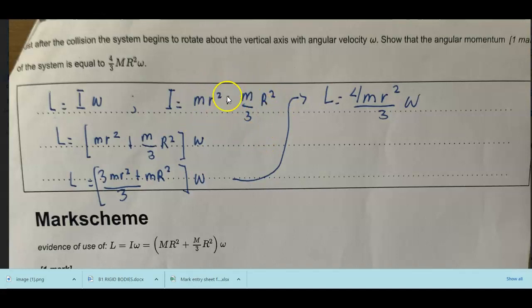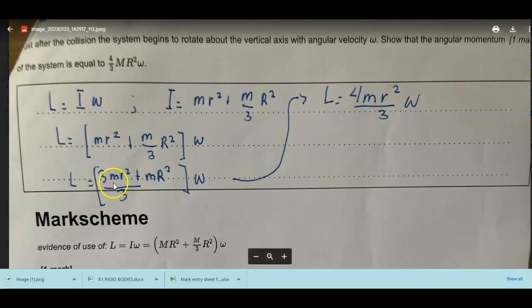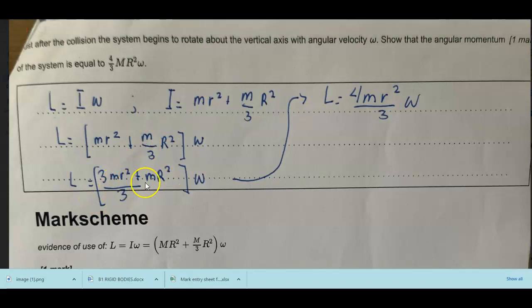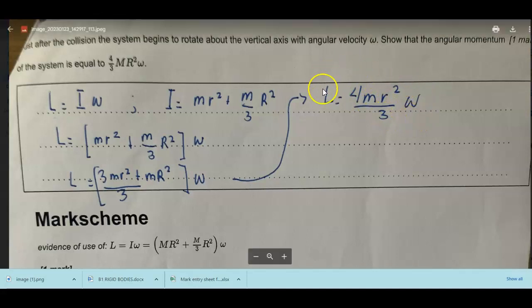After adding this together, this gives you 3mr squared plus mr squared over 3. This results to L, which is your angular momentum after collision, equal to 4mr squared over 3 omega. Thus, we were able to prove the angular momentum after colliding.